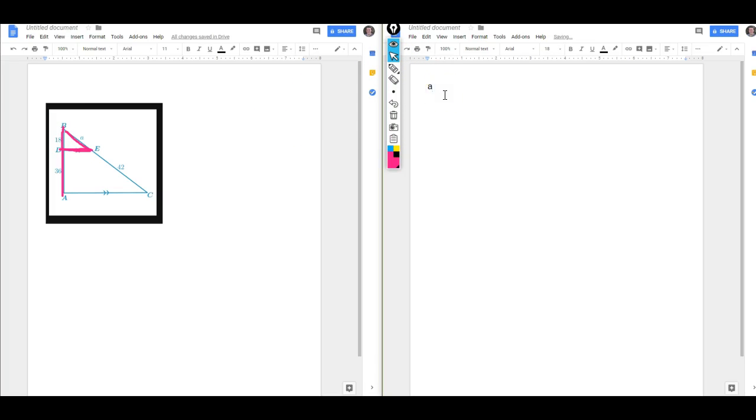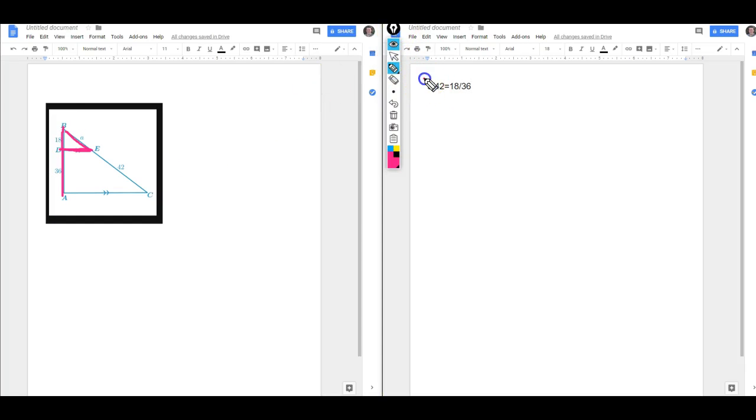Little a's length divided by 42's length, the 42 segment, has to equal 18 divided by 36. Since 18 was the smaller part, it's right across from A, so it's our smaller part, and 36 is our larger part.